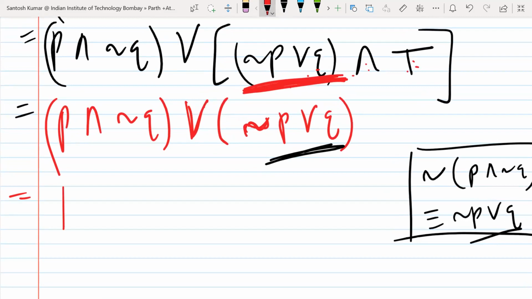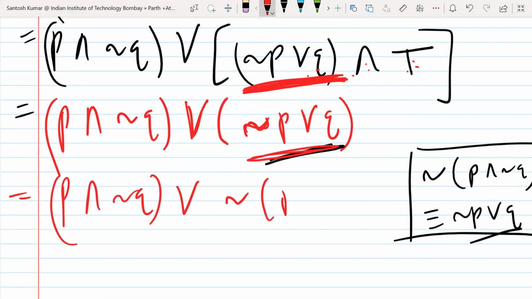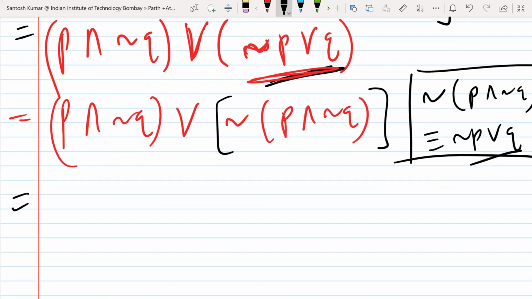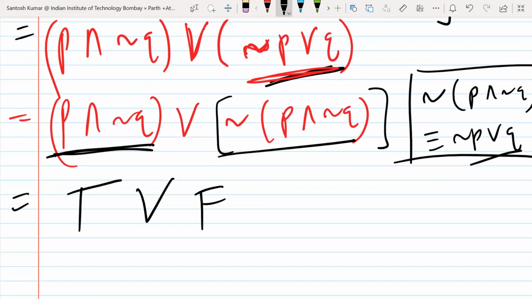Let me write P and not Q as it is, and this one you can write as the negation of P and not Q. So again you see, if this statement is true, then this will be false.